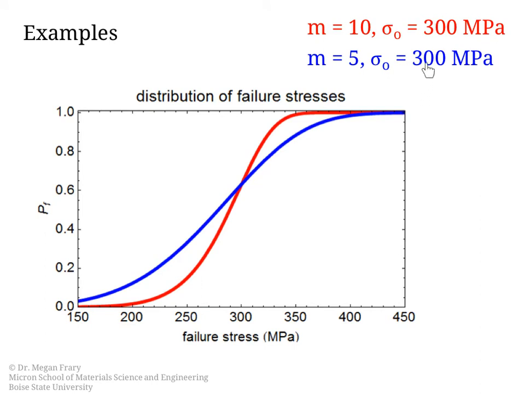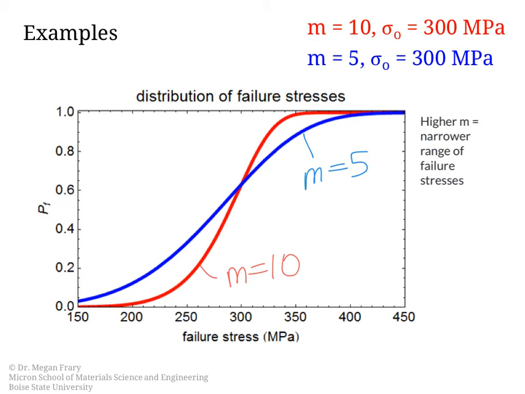This time they both have a sigma naught value of 300 MPa, but now the blue one has an m value of 5 and the red has an m value of 10. So we notice that they actually cross at the same point, 300, at this particular value here. But as m gets higher, the distribution becomes a little bit narrower. So the range of stresses over which failure might occur is smaller for a higher value of m.